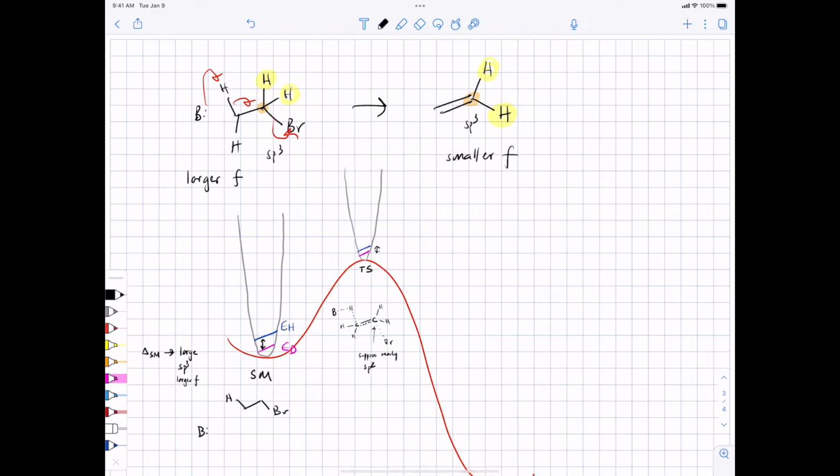Okay, this energy difference, delta TS, and we're going to say delta starting material is greater than delta in the transition state, because this is mostly sp2, and then this is sp3.